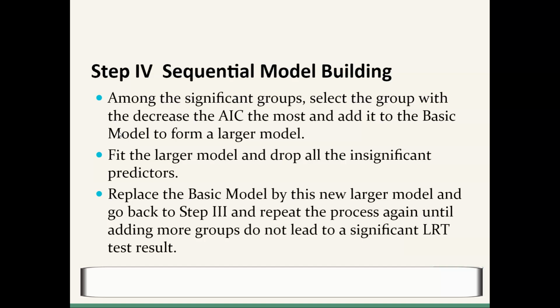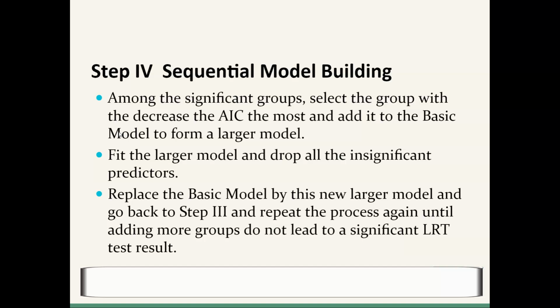So among the significant groups, you find the best model. And then you can fit a larger model using the basic model plus the best group of predictors, and then drop all the insignificant predictors based on the likelihood ratio test.